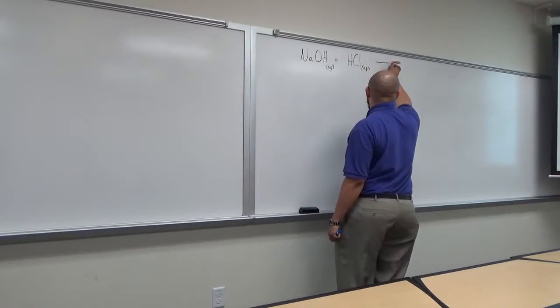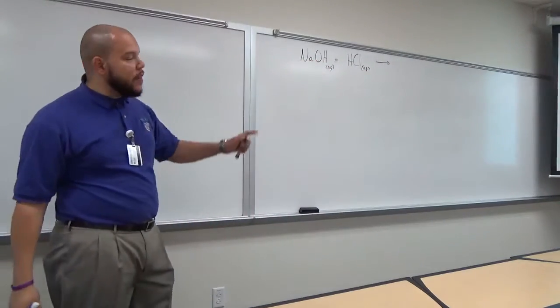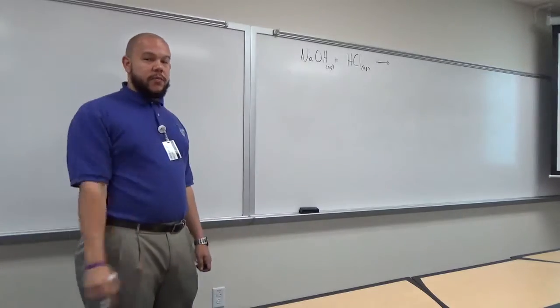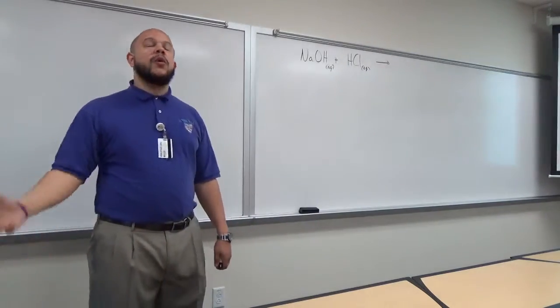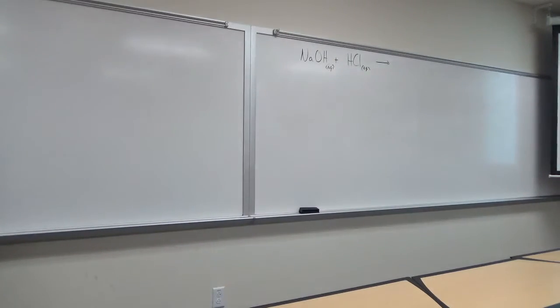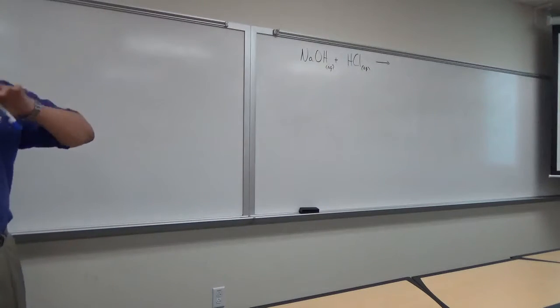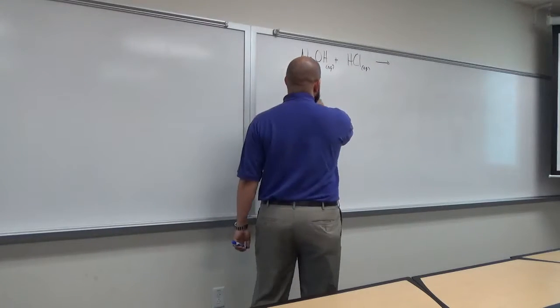Now what was said about both of these? One, we can describe them both as being strong. Therefore, by definition, complete dissociation. So if that is the case, then you don't have to write it like this, but I'm going to write it like this to show you. What does that mean this really looks like?